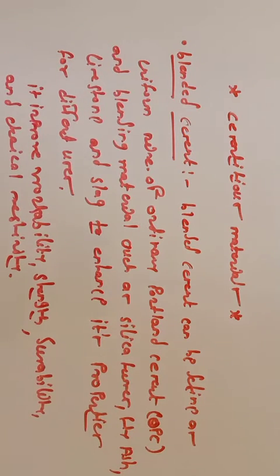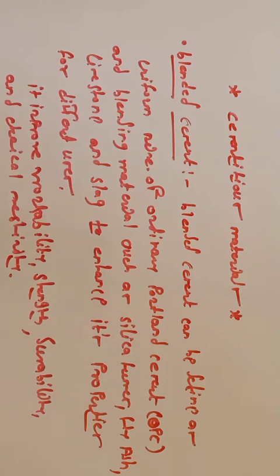So we are all familiar with Portland cements and their main components. Along with these important components of Portland cement, some material, that is inorganic material, is blended, such as silica fumes, fly ash, limestone, and slag, to enhance the properties for different uses.